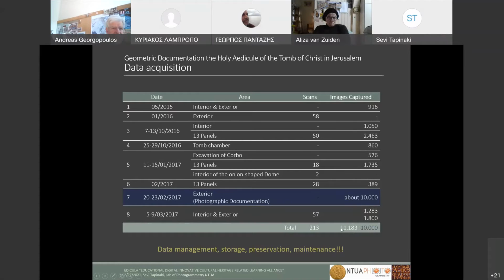And at the end, we had more than 10,000 images to process, and millions, billions, I can say, of points to process and edit.